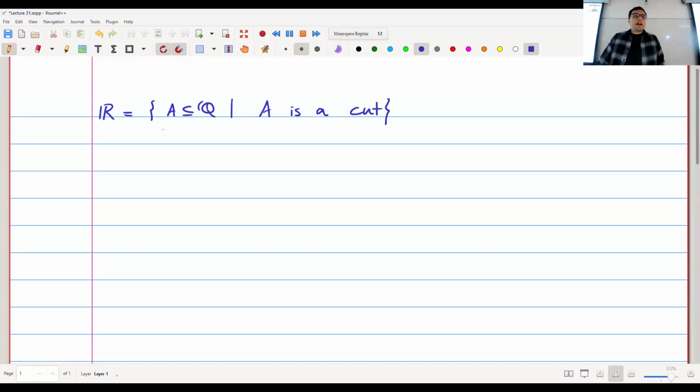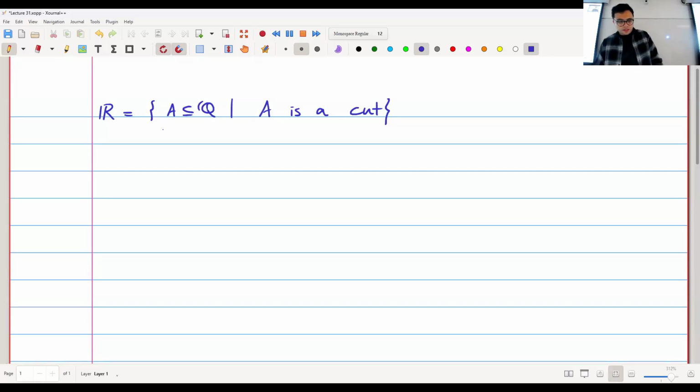Actually, I didn't quite prove that, but it's easy to prove, so I'll leave it to you. You have to prove that every infinite decimal expansion gives you exactly one cut, and every cut gives you exactly one infinite decimal expansion. So you have to show that these two sets are the same, basically.